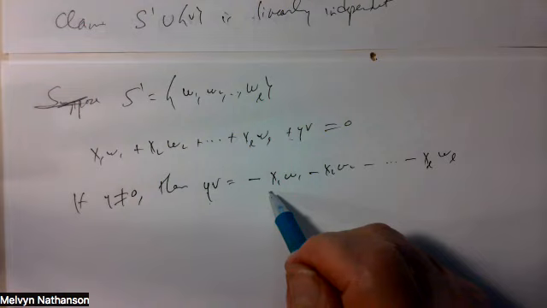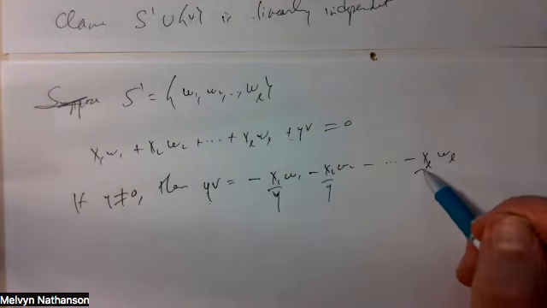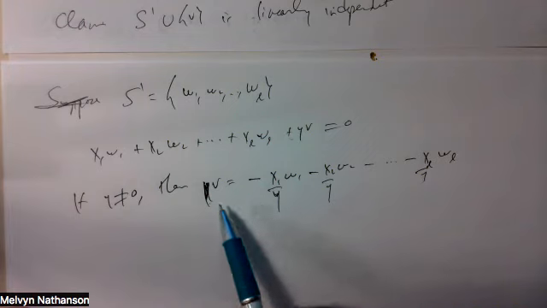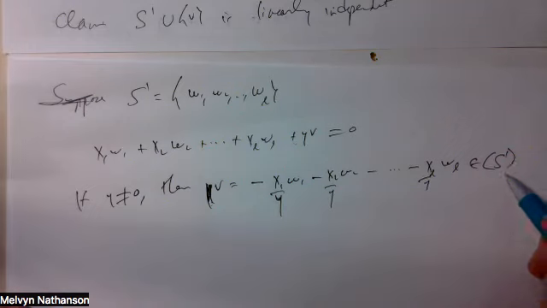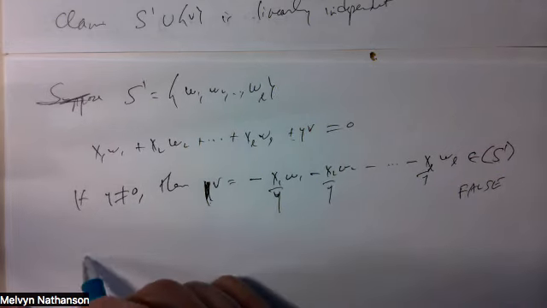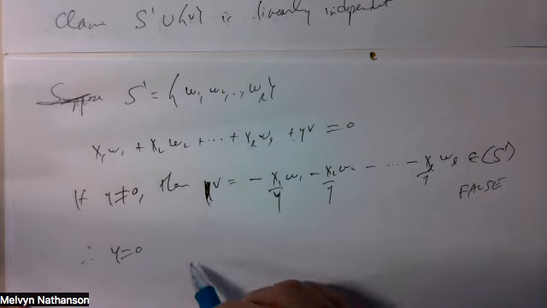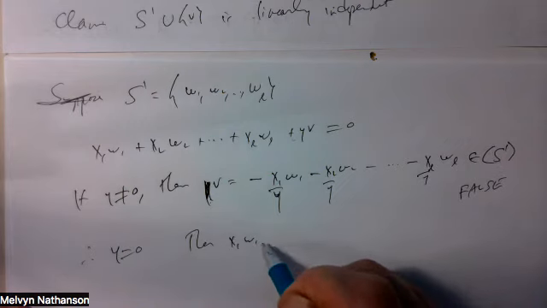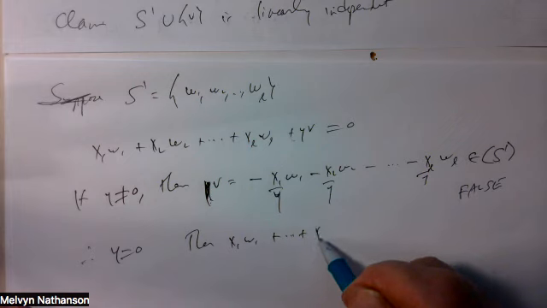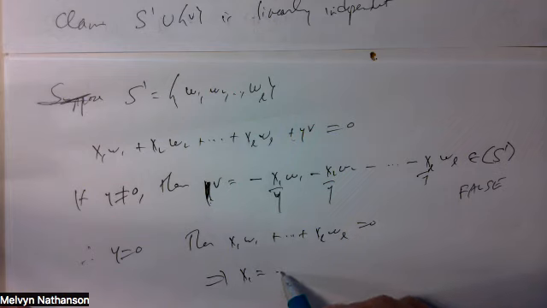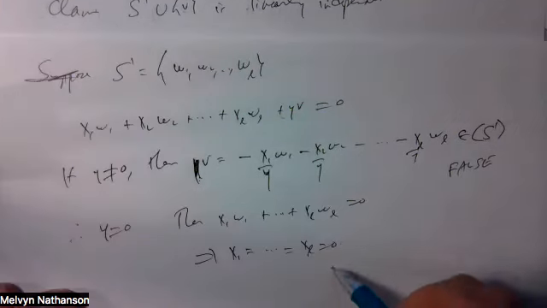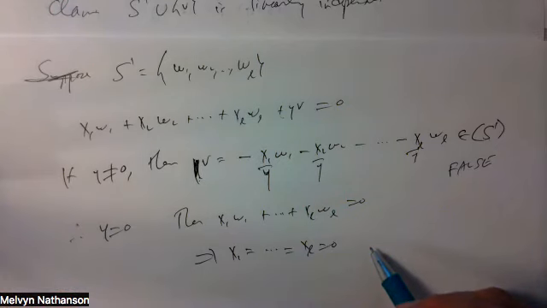If Y is different from 0, I can divide by Y, and I get this. So then V is a linear combination of the W's. So it's in the subspace generated by this set of W's, which is false, because we picked V not to be in this set. So therefore, Y has to equal 0. But then X1 W1 up to XL WL is 0. So all of the X's have to be equal to 0 because the W's are linearly independent.